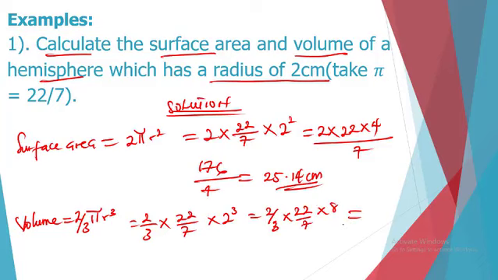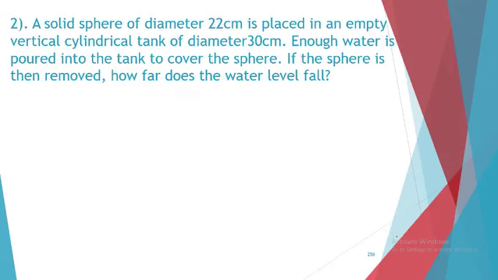So let us multiply out. 2 times 22 will give us 44, and then times 8, that will give us 352. 3 times 7 will give us 21. So 352 divided by 21, we have 16.76 cm cube.